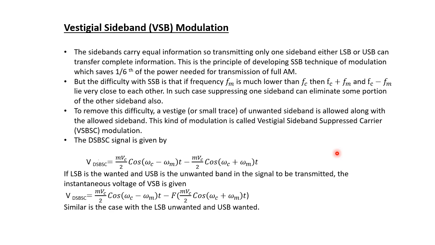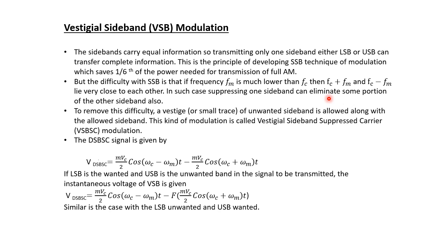Suppose we have to transmit the lower sideband Fc minus Fm, and we have to suppress the upper sideband, that is Fc plus Fm, then we will not completely remove Fc plus Fm, but we will let a small trace or a small vestige of Fc plus Fm remain in the amplitude modulated wave.